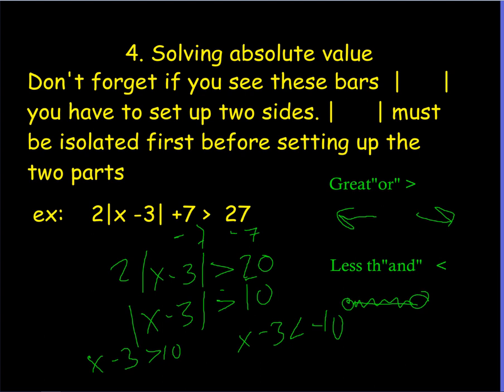Remember, when we set up the two equations, we have to flip the sign, and we also have to change the sign on the number. So when we solve this, we get x is greater than 13, and x is less than -7. When I graph that on my number line, open circle at -7, shading this way, open circle at 13, shading that way.